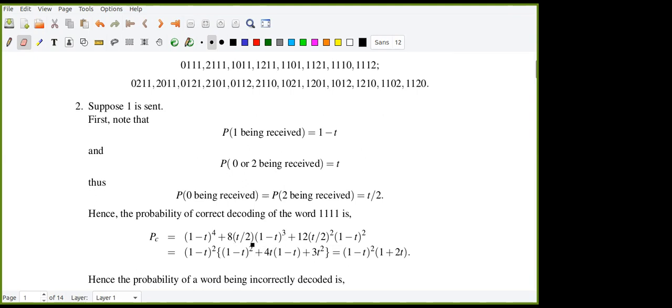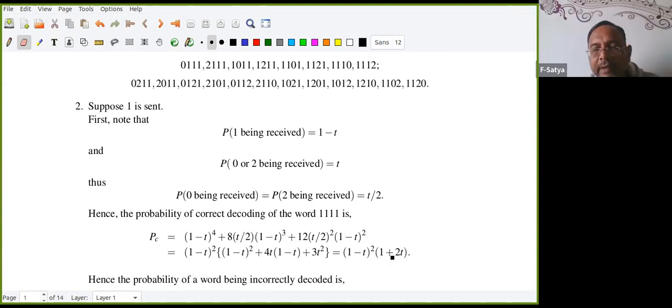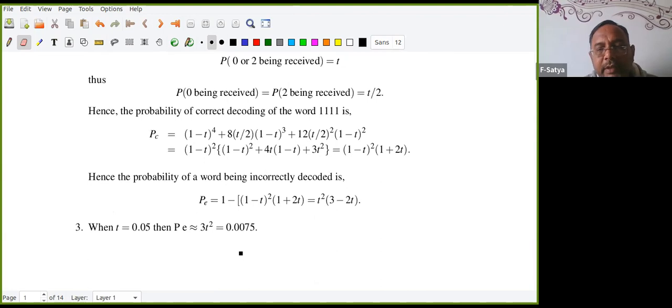Yes, sir. So now I simplify and I get this. But what is C here? Can you predict what C means? C is for correct, receiving the correct code word, decoding correctly. But error decoding is 1 minus of this, right?